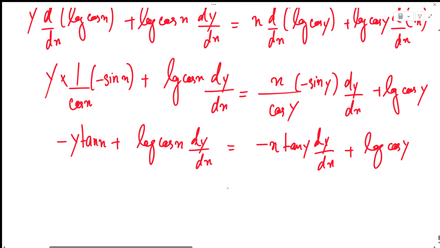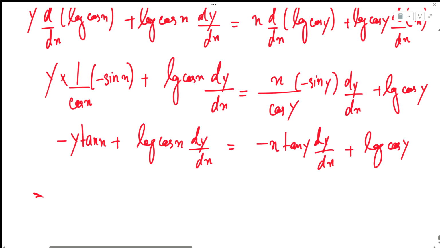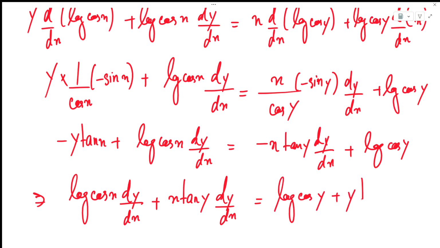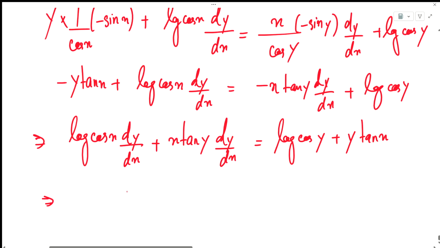So what I'm going to do is transfer this to this side. So log of cos x into dy by dx plus x tan y dy by dx, and this will come over here, so it will become log of cos y plus y into tan x. So if we take dy by dx common, we will have log of cos x plus x into tan y.